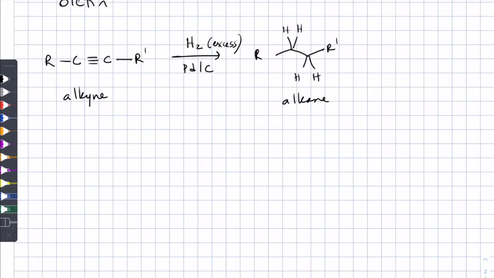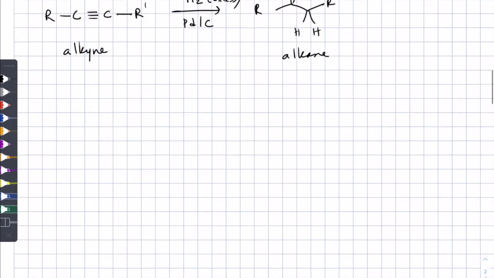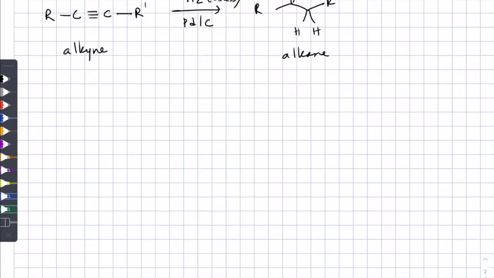So what if we wanted to stop at the olefin? We've actually got a couple of methods for that. So first, to reduce the alkyne to the cis olefin, we want to take advantage of the syn addition that is given by using the palladium catalyst, but we want to decrease the ability of the palladium catalyst to do the reaction so we can stop at the olefin.